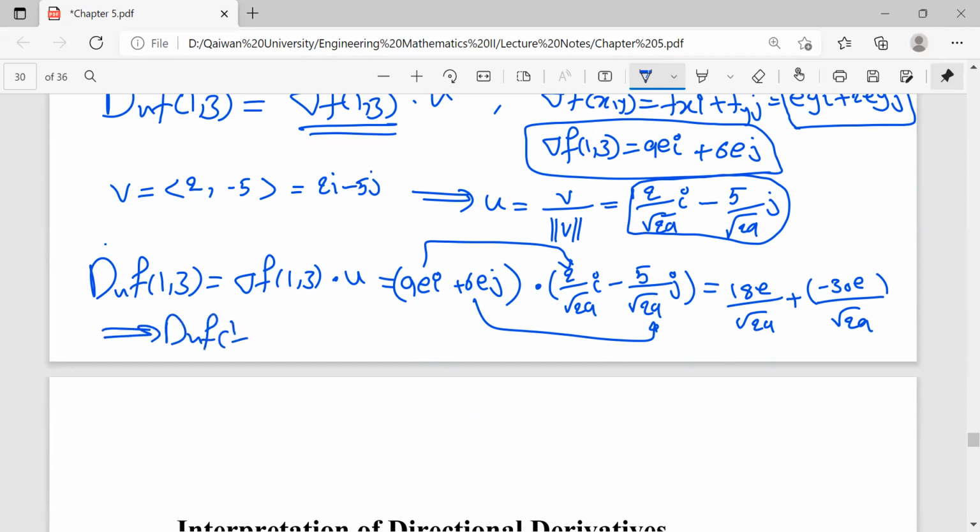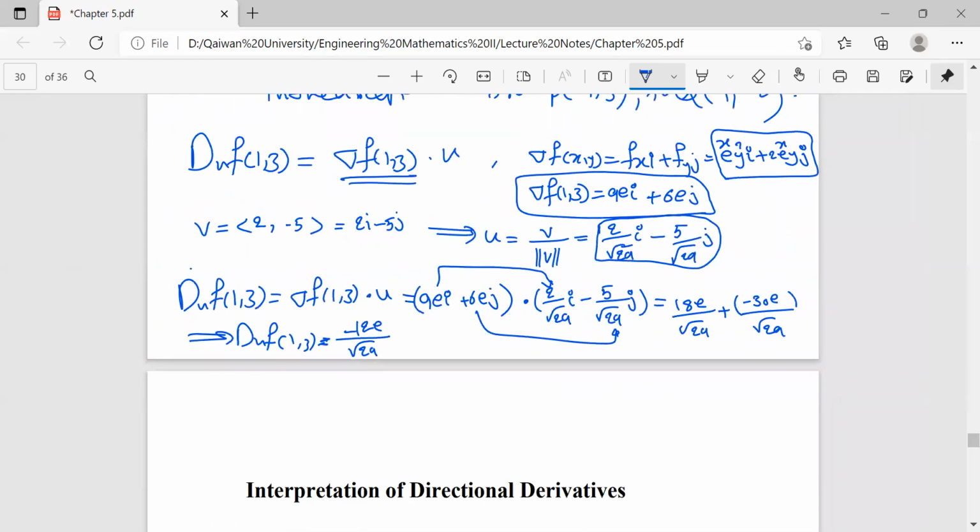Duf at 1 and 3 is minus 12e over square root of 29. This is the directional derivative at that given point, at 1 and 3 in the direction of u. So that's all. It's easy.